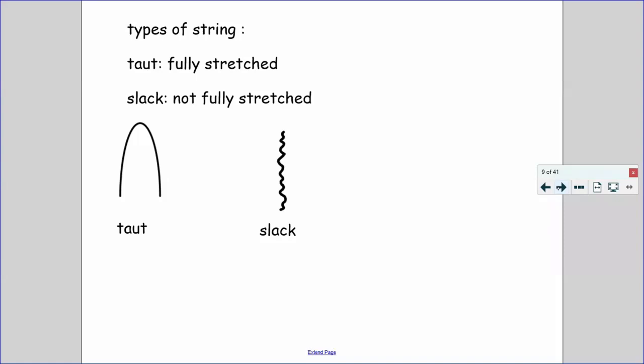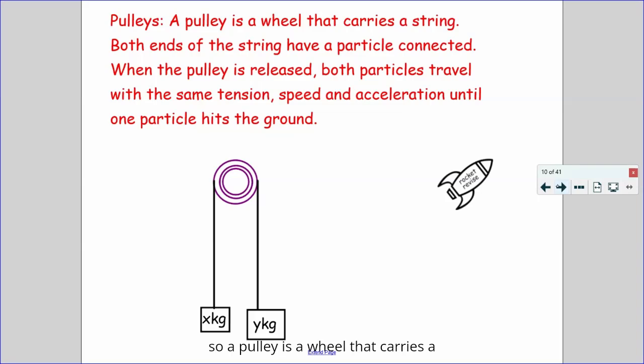Okay. Now, so a pulley is a wheel that carries a string, right? So if you look at this diagram here, this is your pulley.